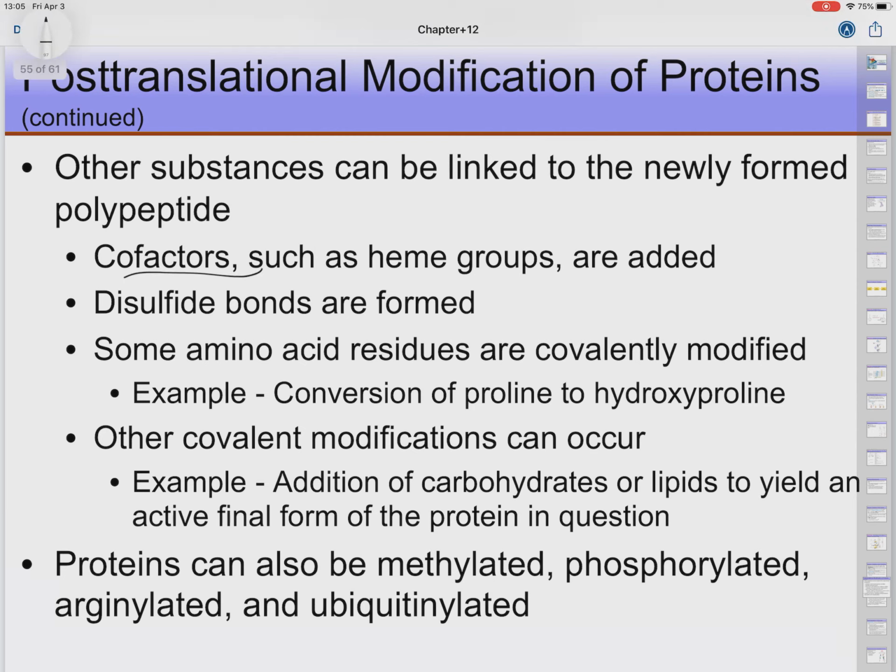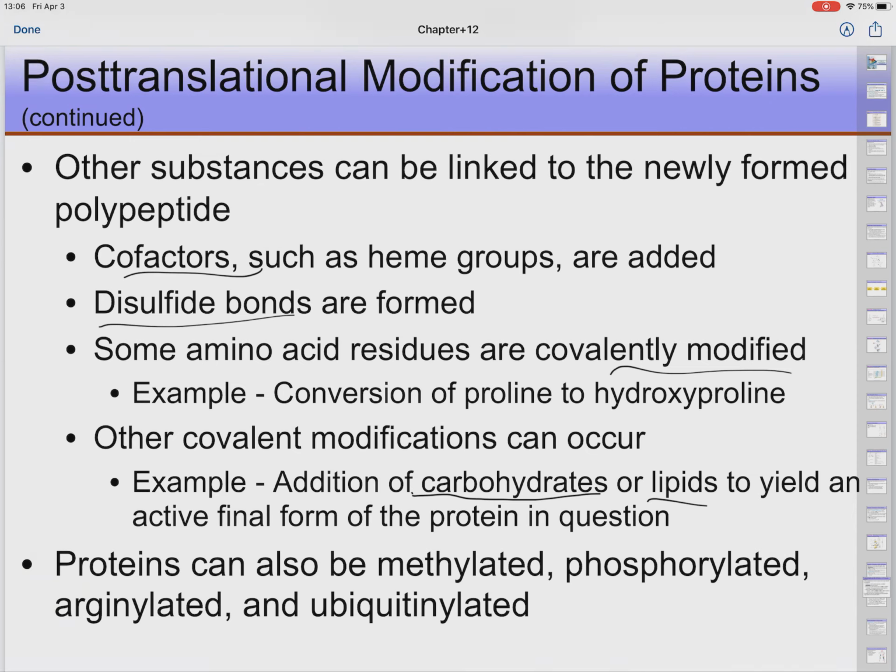So I guess anything like a cofactor, disulfide bonds, covalent modifications, additions of lipids or sugar groups to make the final protein. All of these things can happen to the new protein. These are other types of post-translational modifications: methylations, phosphorylations, arginylations, ubiquitinations.